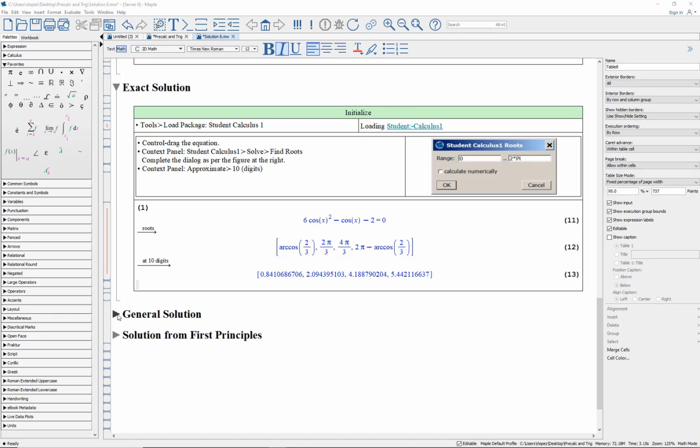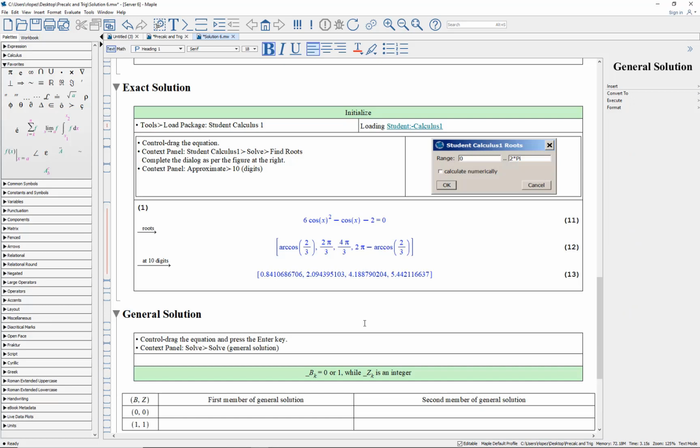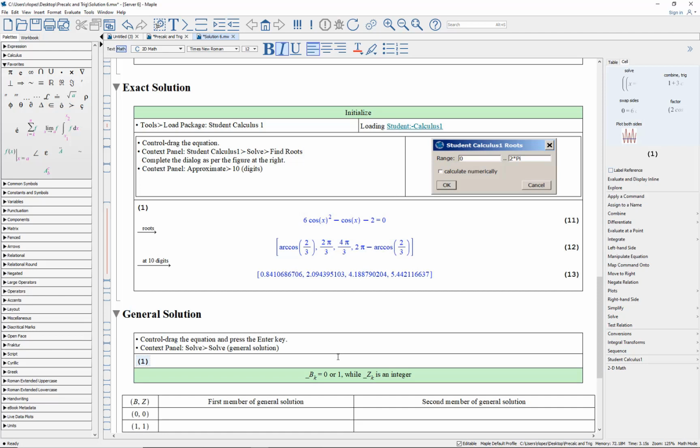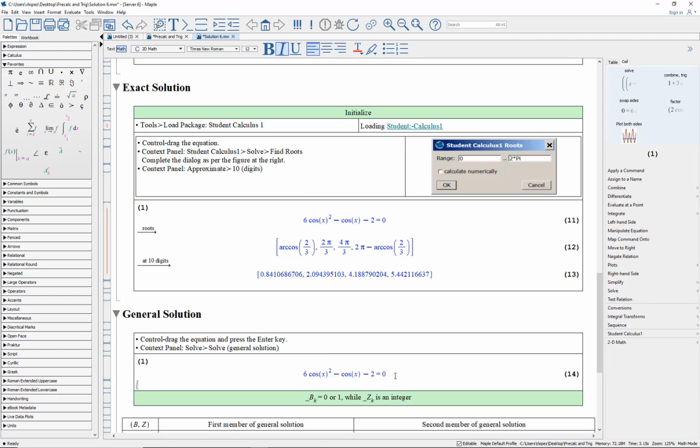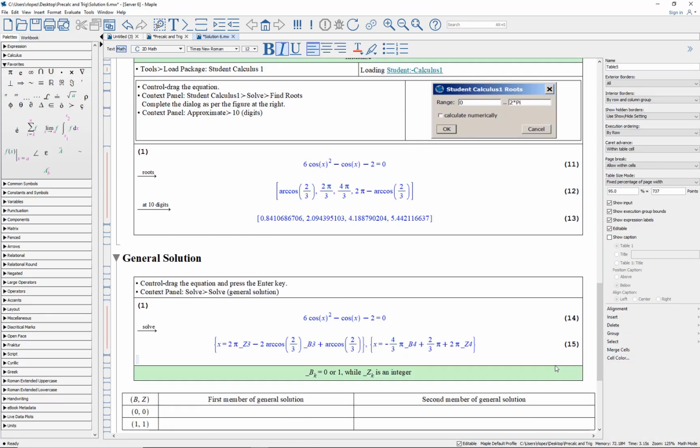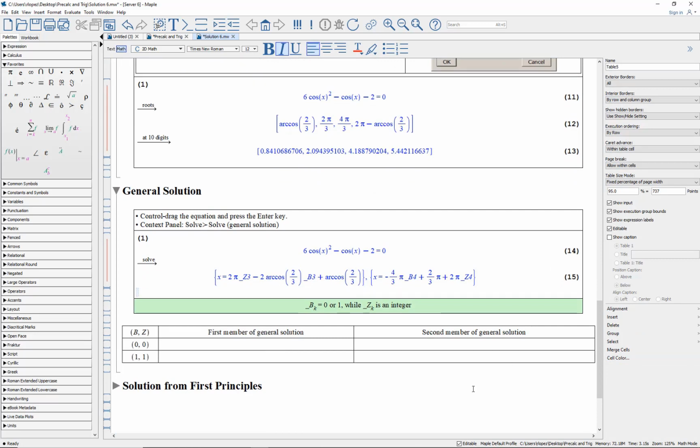Now Maple can also provide a general solution to this equation. So we need the equation. Let's reference it with Control L1. Go back to the solve option, and you see here solve general solution. So Maple has provided the general solution.